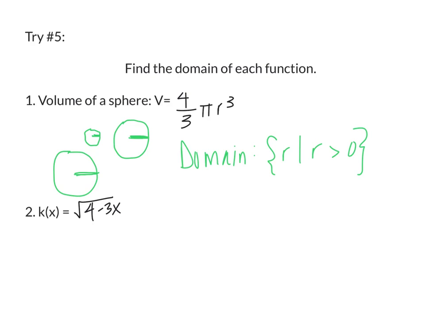On our next function, it says k of x equals the square root of 4 minus 3x. In this case, because we only see the square root of 4 minus 3x and it does not say plus or minus the square root, what we will assume is that it's only the positive version of this radical. So with that being said, the radicand must be positive or 0.